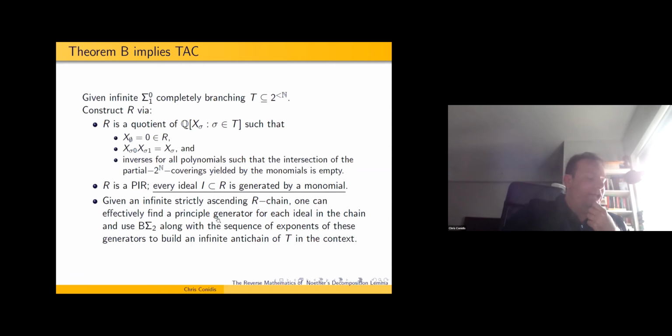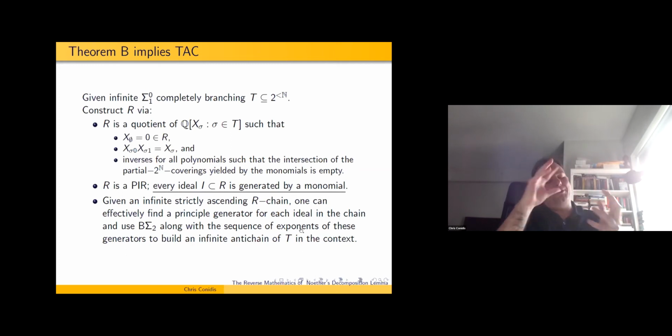And so you can uniformly effectively find generators of any ideal in this principal ideal ring. And then you need B sigma 2 somewhere along the way, but using the exponents.